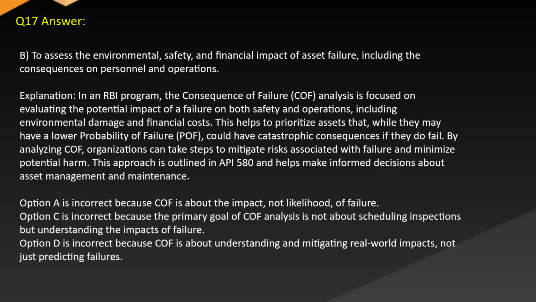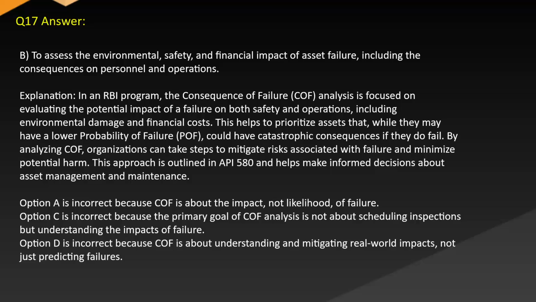Answer: B. To assess the environmental, safety, and financial impact of asset failure, including the consequences on personnel and operations. Explanation: In an RBI program, the consequence of failure, COF, analysis is focused on evaluating the potential impact of a failure on both safety and operations, including environmental damage and financial costs.